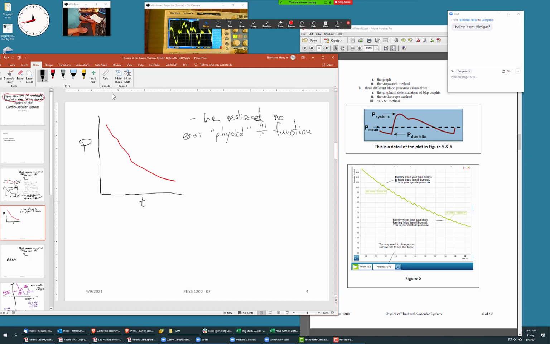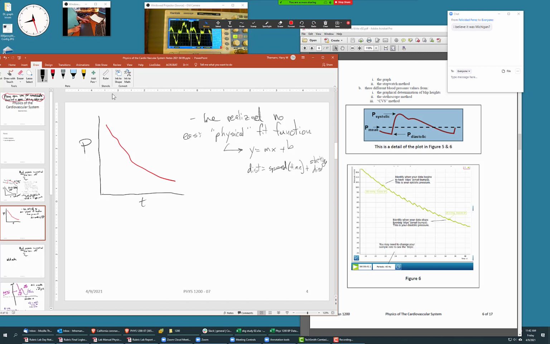What that means is that, for example, if this was y equals mx plus b, or distance equals speed times the time plus starting distance, that is a physical fit function.